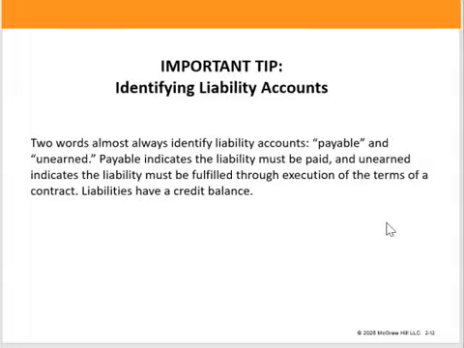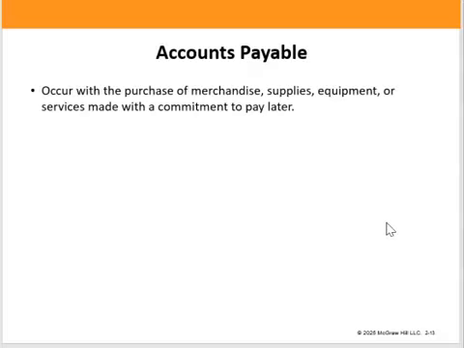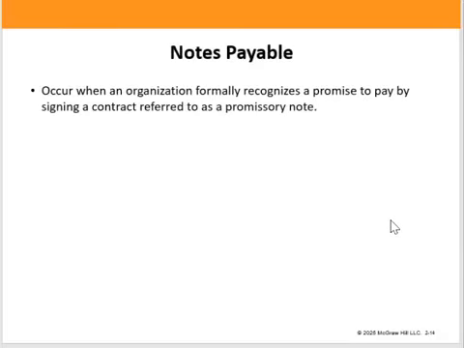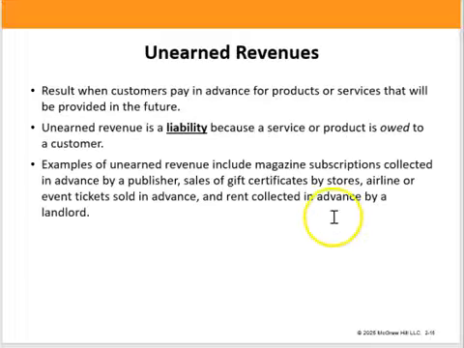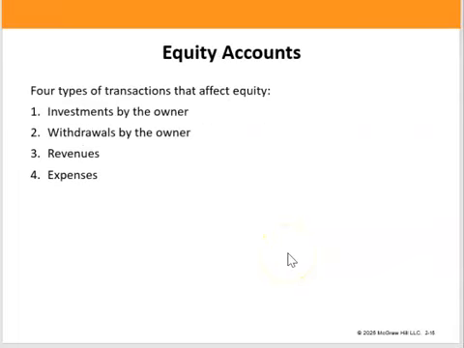So if you still owe somebody something for something that they've provided you, like power, it goes under accounts payable. Accounts payable, we've talked about. Notes payable, very similar. It's just longer term. It's not within 30 days. Maybe it's within 6 months. Unearned revenue, I mentioned that as well.